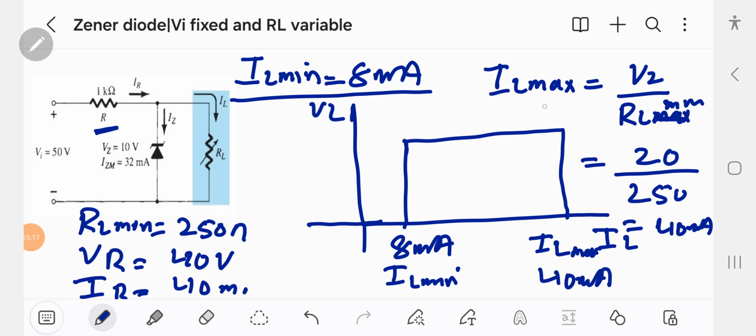So IZ maximum can be found from this equation, VZ and RL minimum.